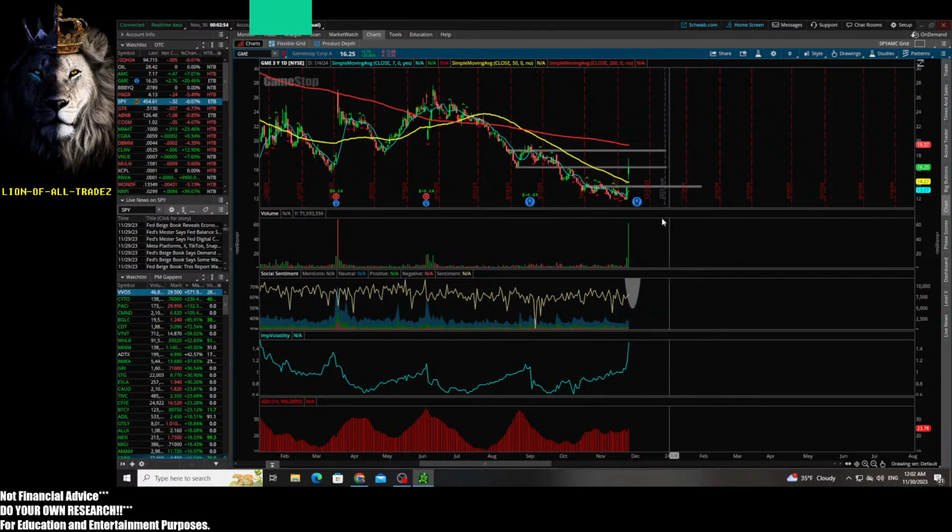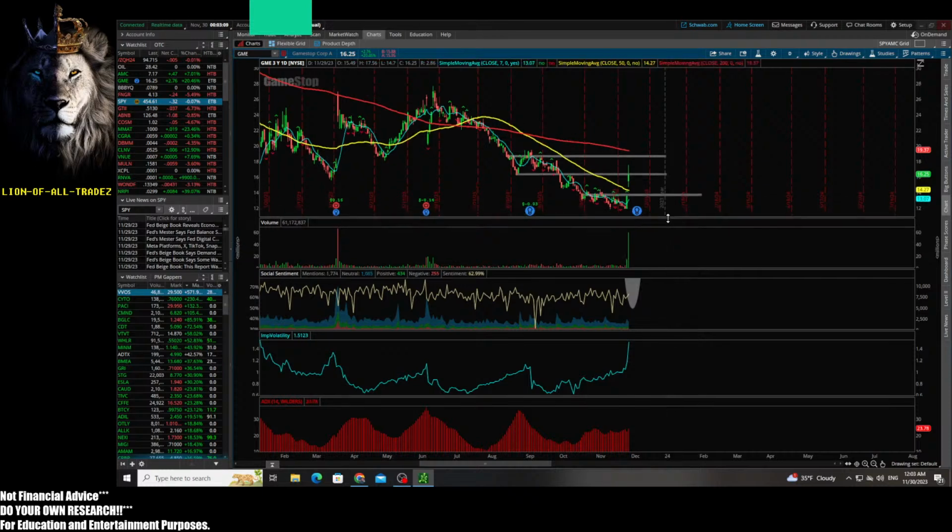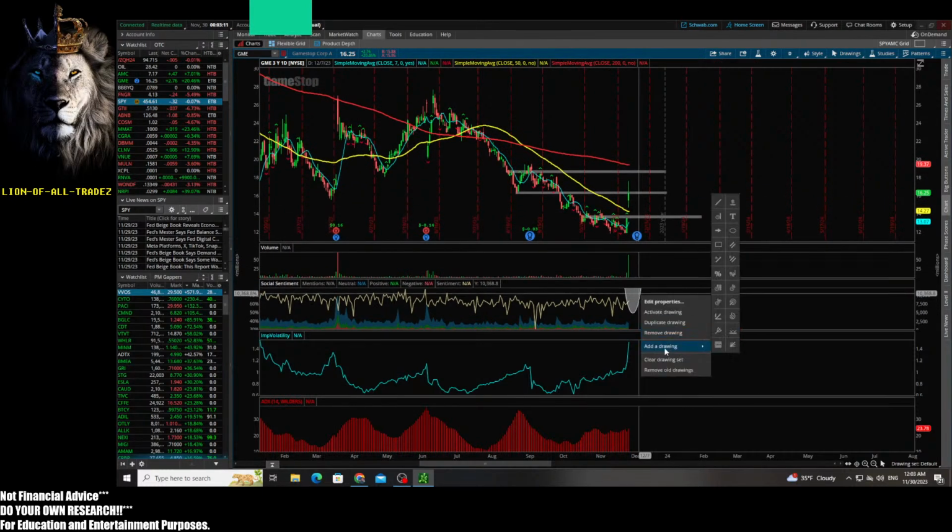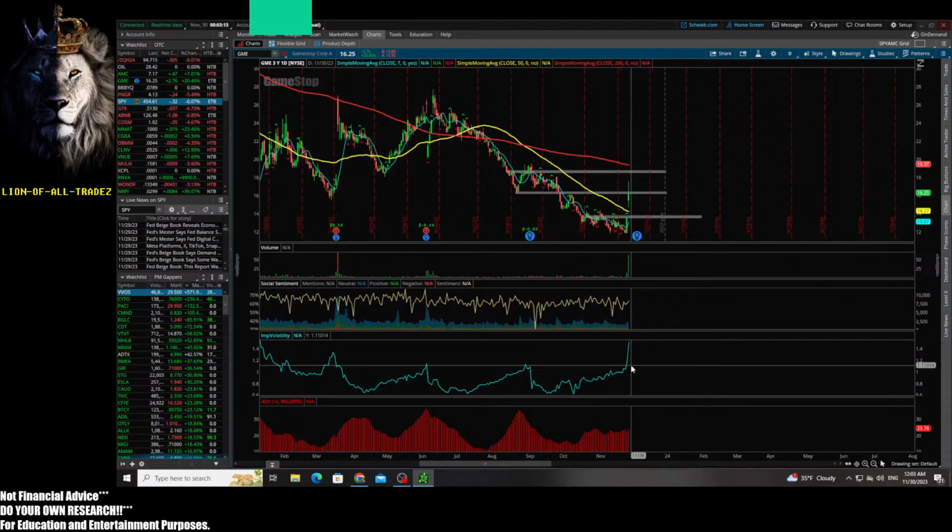Yeah, I actually have to thank you for showing me that indicator. So on the daily, as shown here, it seems that the implied volatility is through the roof.